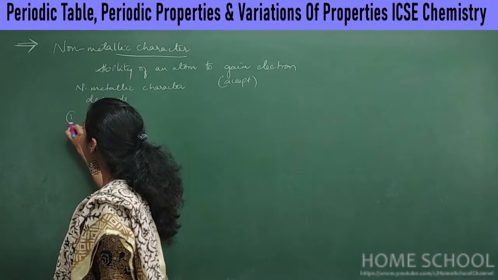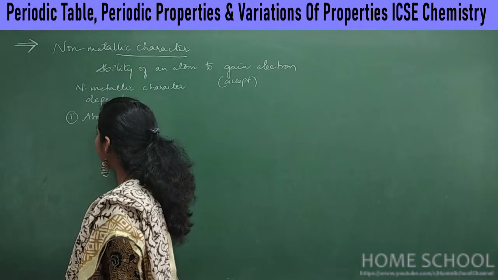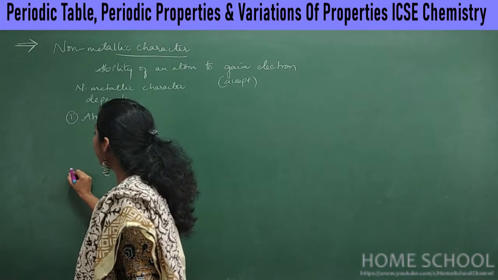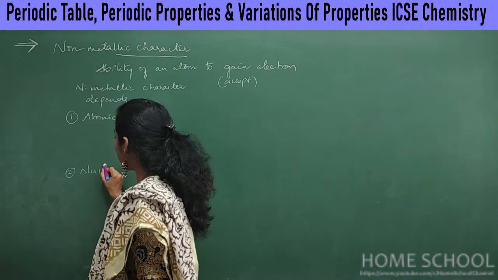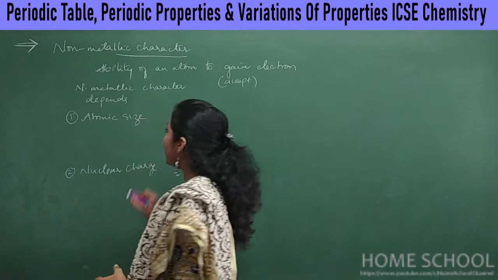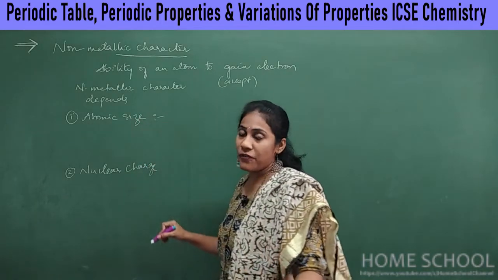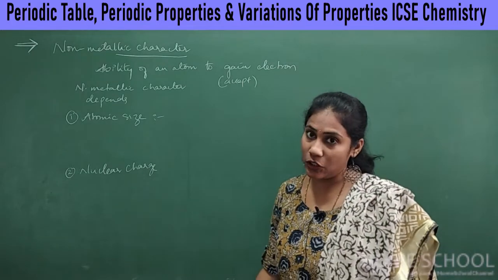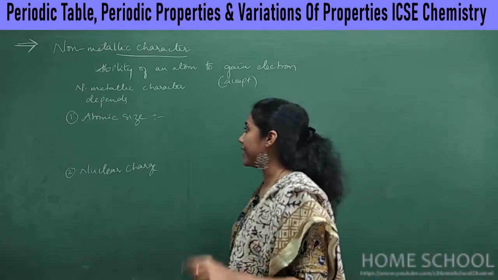One is atomic size. As I said, atomic size plays an important role, and the second one is nuclear charge. Usually, the smaller the size of an atom, the more will be the ability to accept the electron. I'll tell you that with one example.